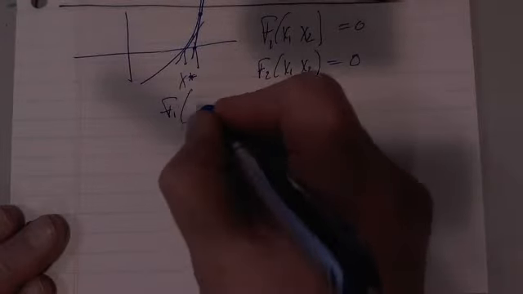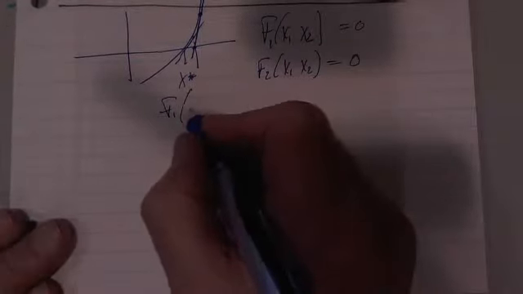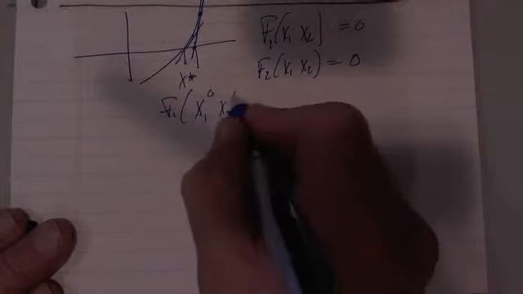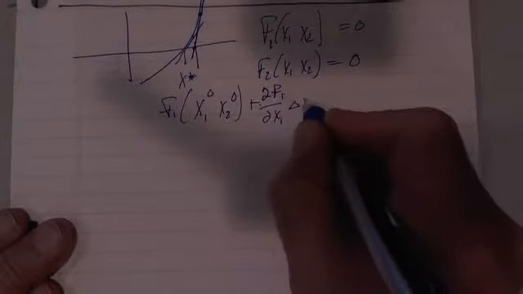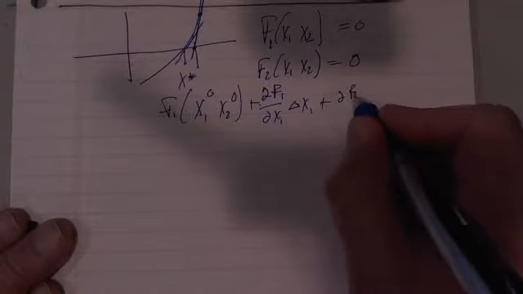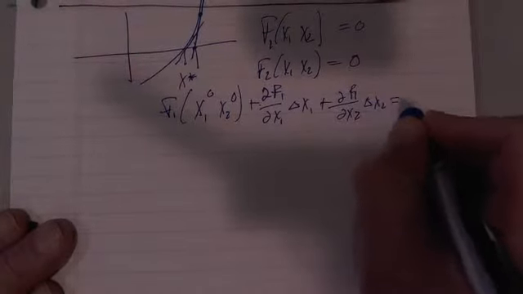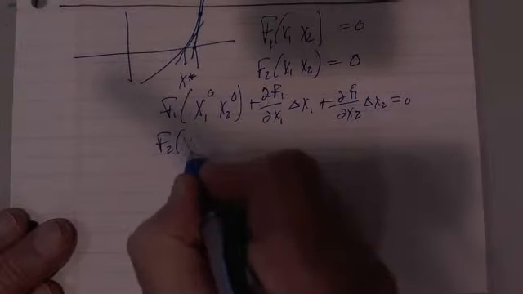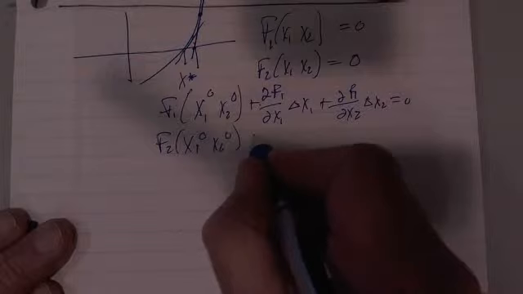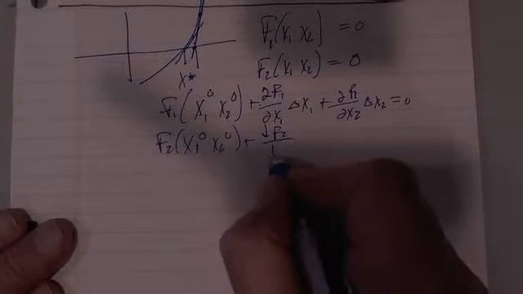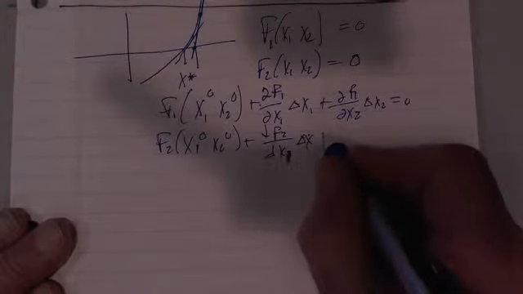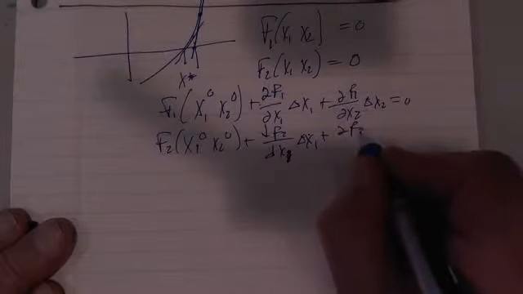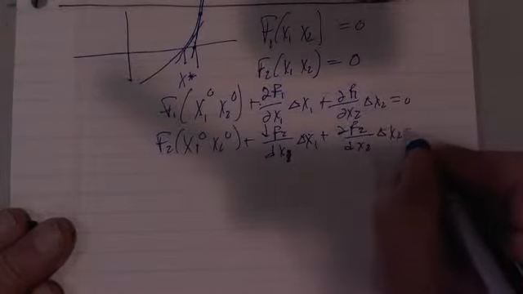Well, when you expand this, f1 of x1 0 and x2 0 plus df1 dx1 delta x1 plus df1 dx2 delta x2 equals 0, and f2 of x1 0 x2 0 plus df2 dx1 delta x1, let's keep them in order there, plus df2 dx2 delta x2 equals 0.